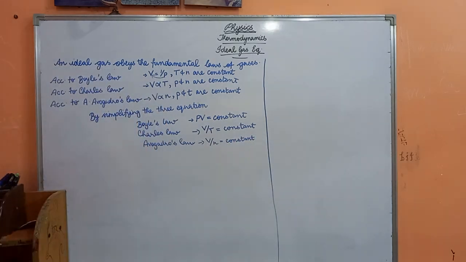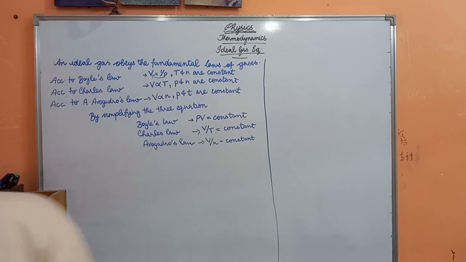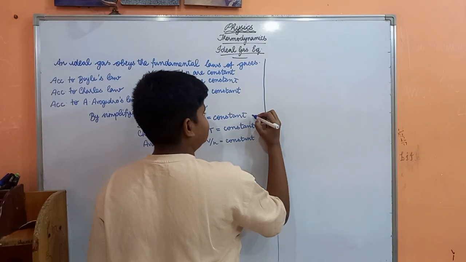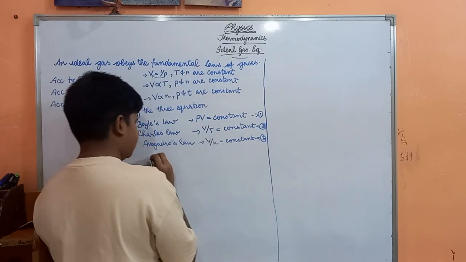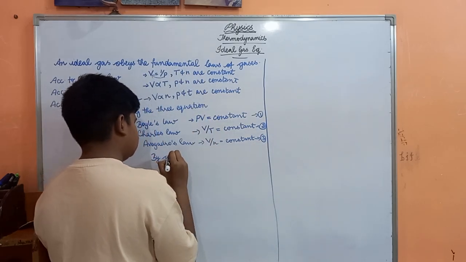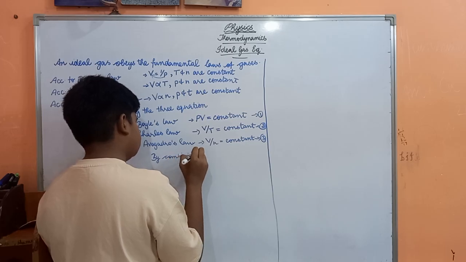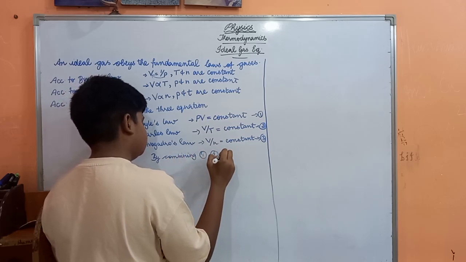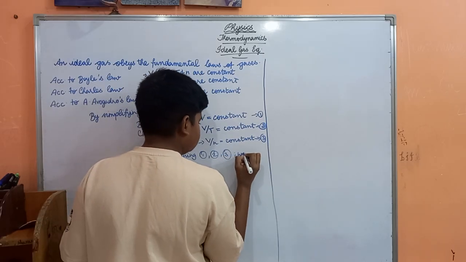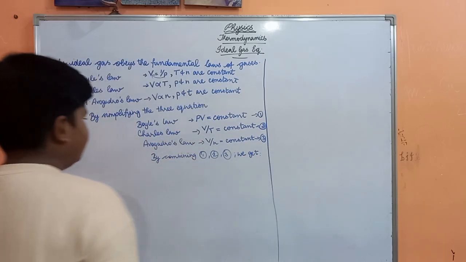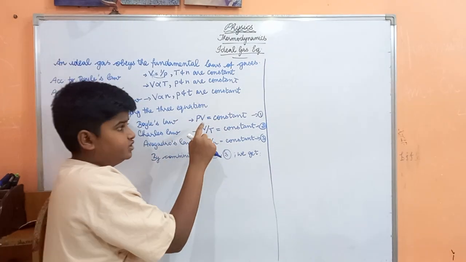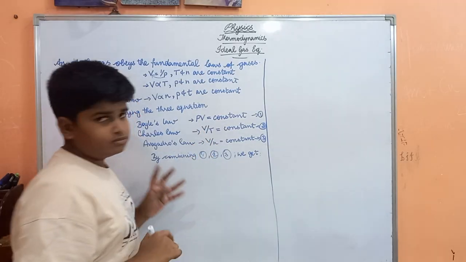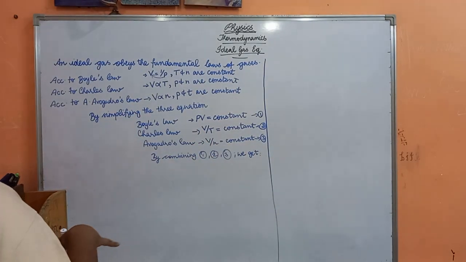Now guys, here is the most important thing. Let's take these as 1, 2, 3. By combining these three, look at the first letters of each: there's P, V, V. So what is most common in P, V or V?